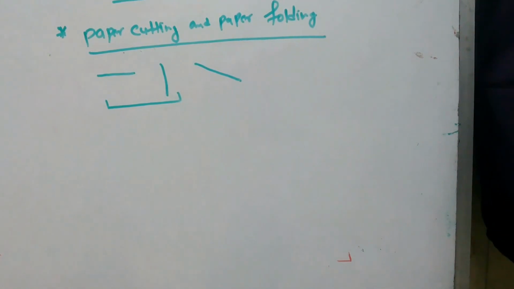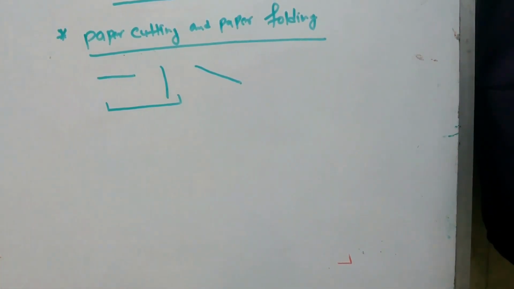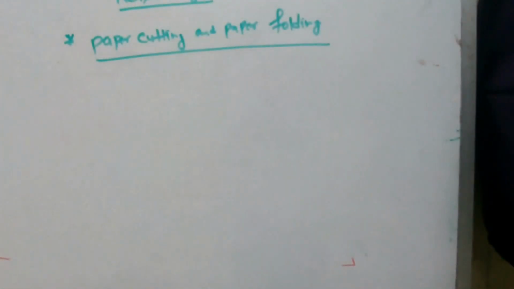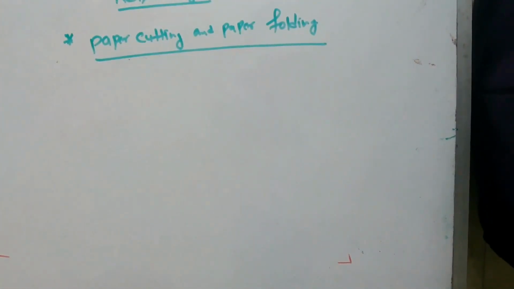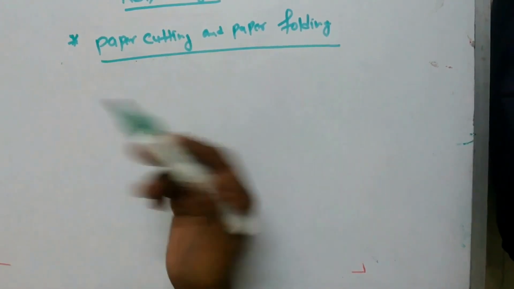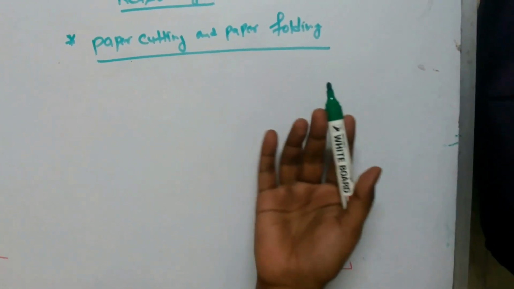Now for those students who do not know what paper folding or paper cutting actually is, I am going to show them through an example. As the name suggests, there will be paper, there will be some folding, and there will be some cutting.